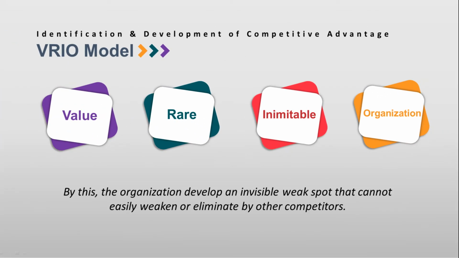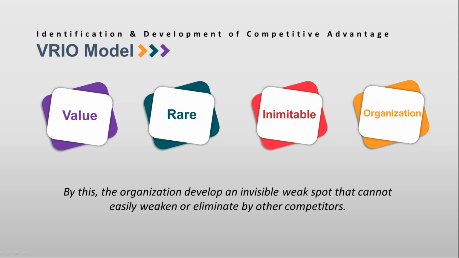It is noted that organizations seek a long-term competitive advantage rather than a short-term effect on the market. A competitive advantage is sustainable only if it possesses certain properties. These properties are called the VRIO model of competitive advantage, which stands for valuable, rare, inimitable, and organization.